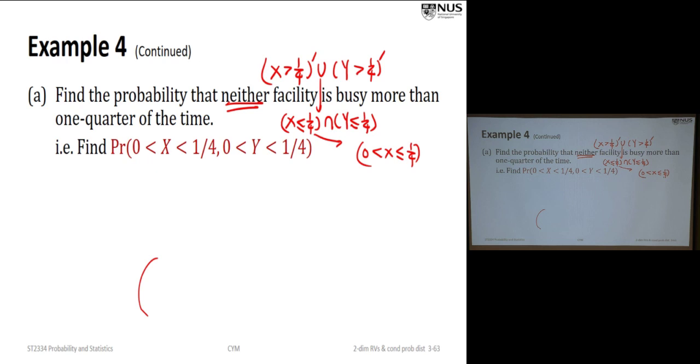Why is that so? Why are these two the same? These two events, are they the same? So I want you to differentiate these two events.